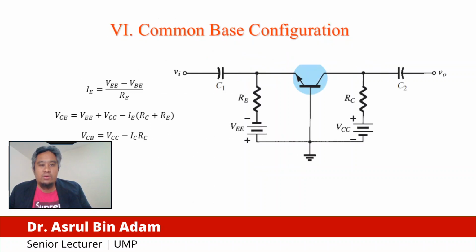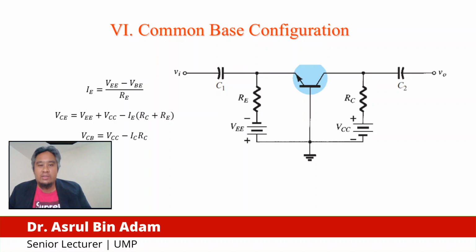Let's see what a common base configuration is. As we can see in the slide, this is how the common base configuration looks. The base point is directly connected to the ground.